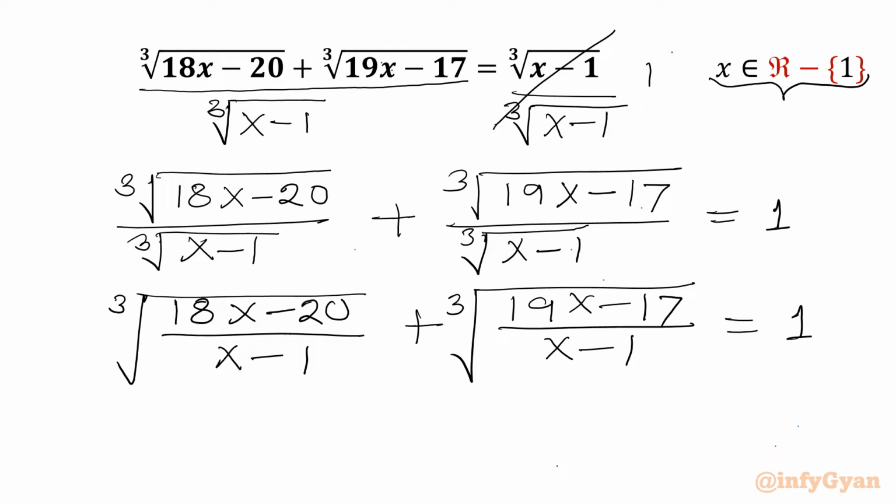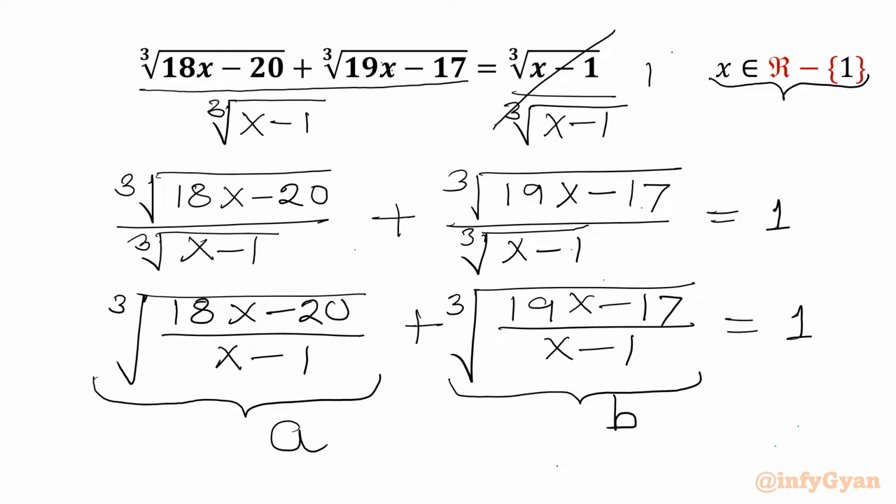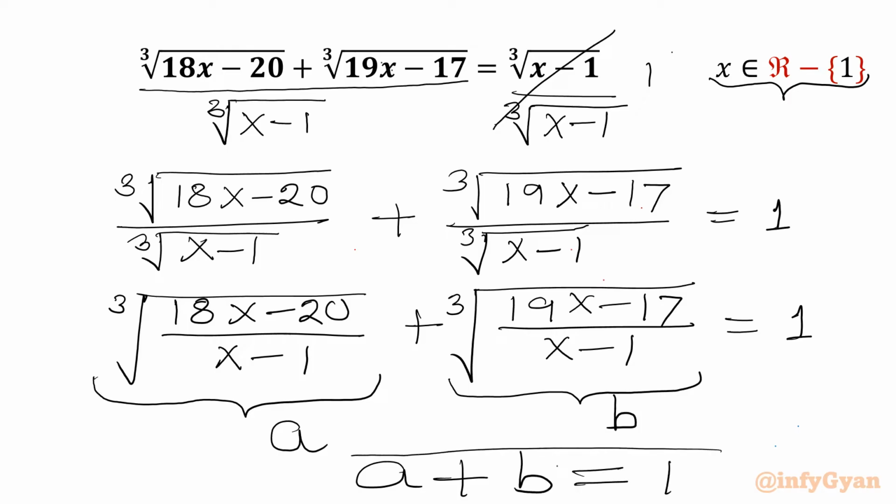Now I will use substitution. Let us call this radical a and this radical b. So I can write our first equation: a plus b equal to 1. Let us call this equation 1.